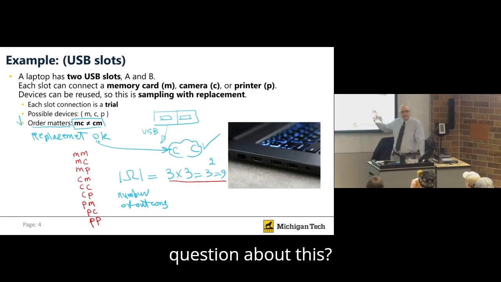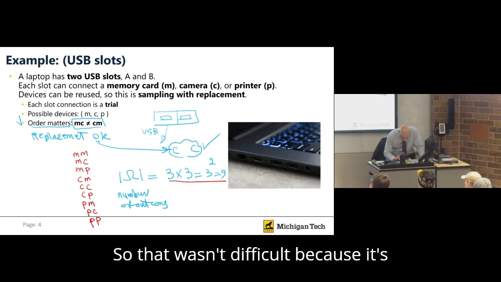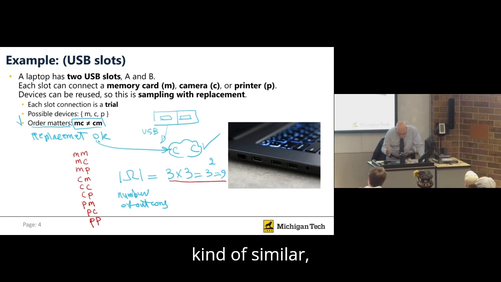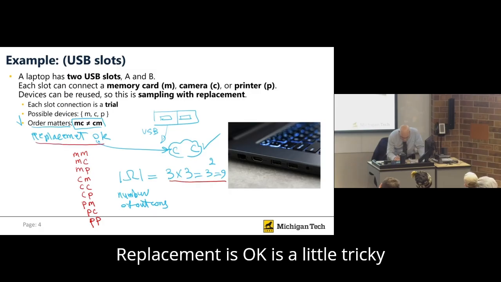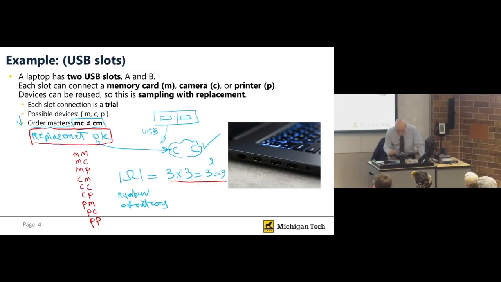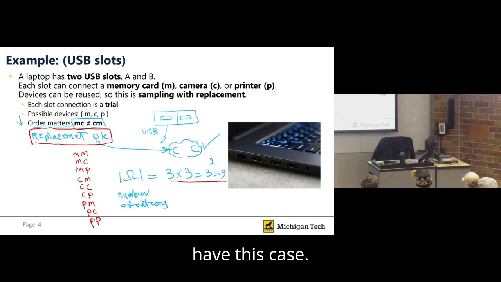Any question about this? That wasn't difficult because it's kind of similar, but understanding that replacement is okay is a little tricky, because replacement is okay because you can have this case.